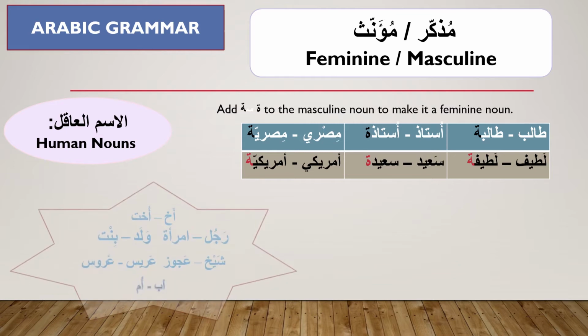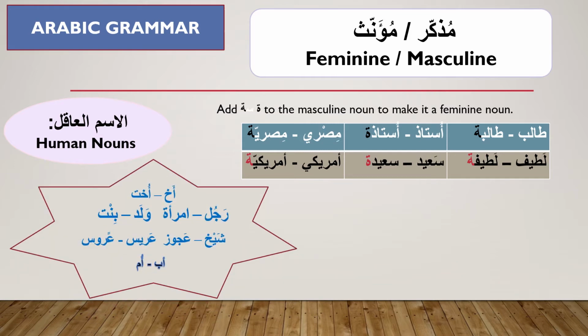With the exception of some words, and this exception means that we do not add a ta marbuta for the male to make it a female. It's just two different nouns, such as English, brother, sister, akh, ukht. A man and a woman, رجل امرأة. A boy and a girl, ولد بنت.